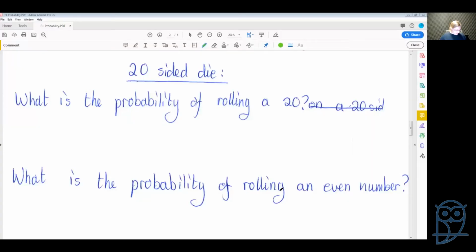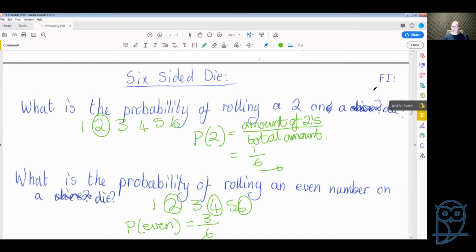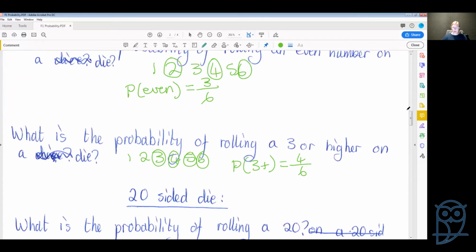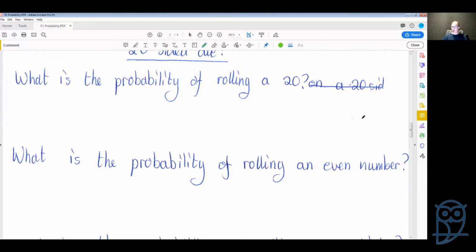So let's continue. So what is the probability of rolling a 20 on a 20-sided die? So we can write out all the numbers 1, 2, 3, all the way up to 20, and do exactly the same as we did with a 6-sided die up top over here. But it's going to take a little while. So this time we're going to be thinking of the thing slightly mentally.